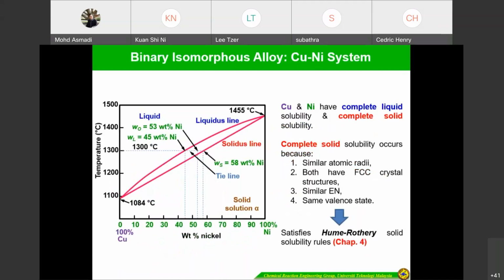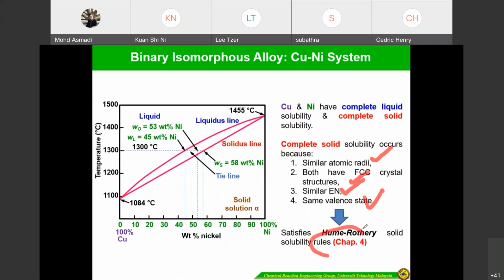So this is the example, the binary isomorphous phase diagram for copper and nickel. Copper and nickel have complete liquid solubility and complete solid solubility. If you look at here, similar atom radius, FCC structure, similar electronegativity, almost close to zero difference, same valence state.